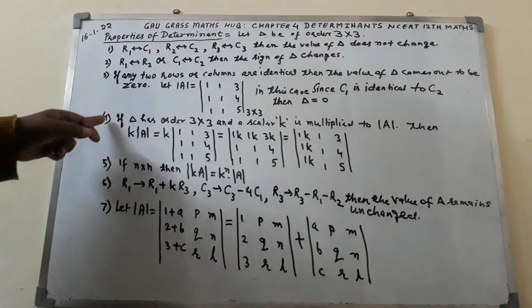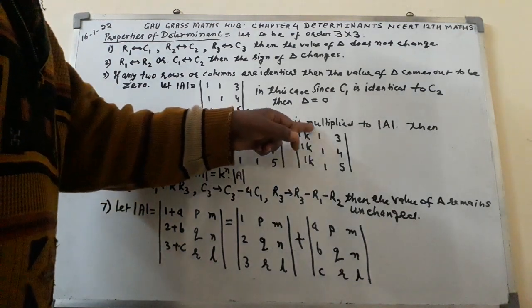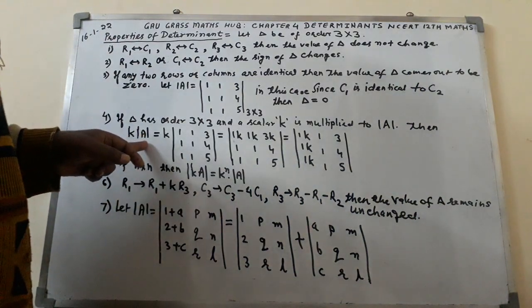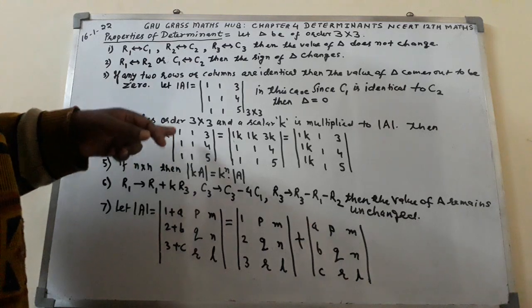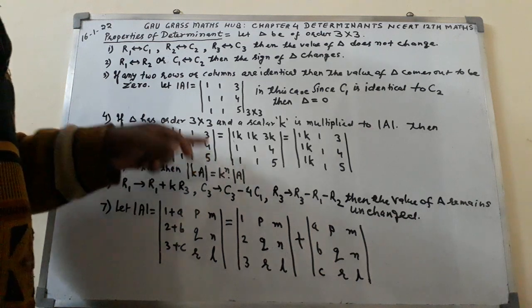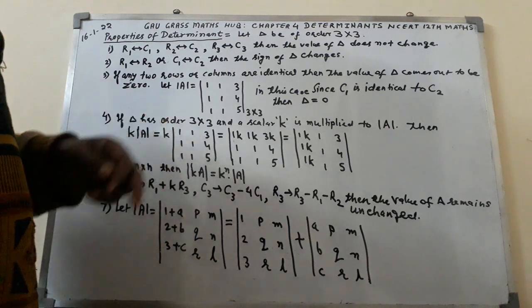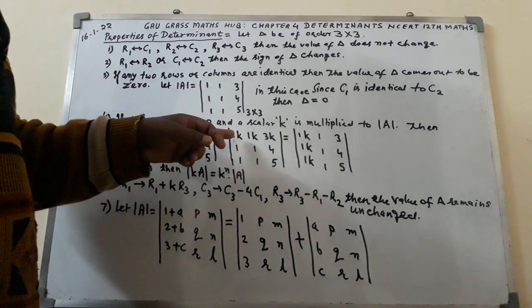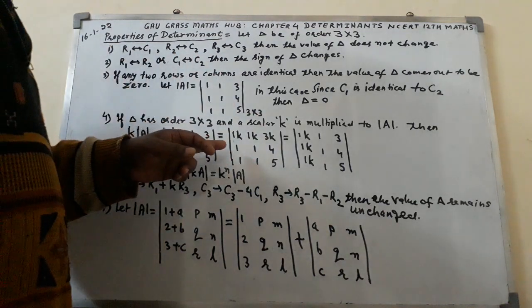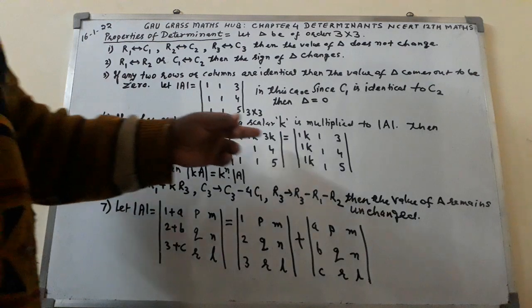Fourth property I have mentioned here, if determinant has the order 3 cross 3 and a scalar k is multiplied to determinant A, then k times determinant A is equal to k times the determinant with elements of first row 1 1 3, second row 1 1 4, third row 1 1 5. This equals, here k will multiply to first row: 1k, 1k, 3k, second row 1 1 4, third row 1 1 5.